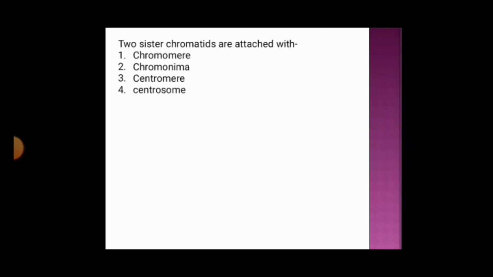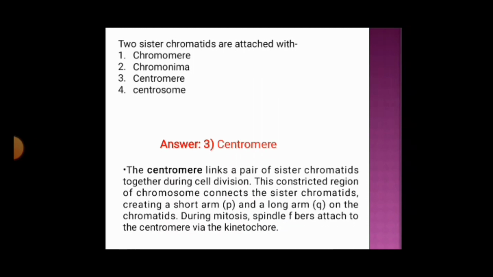The first question. Two sister chromatids are attached with: option 1 chromomere, option 2 chromonema, option 3 centromere, and option 4 centrosome. And the correct answer is option 3, centromere. Now let's discuss this centromere.